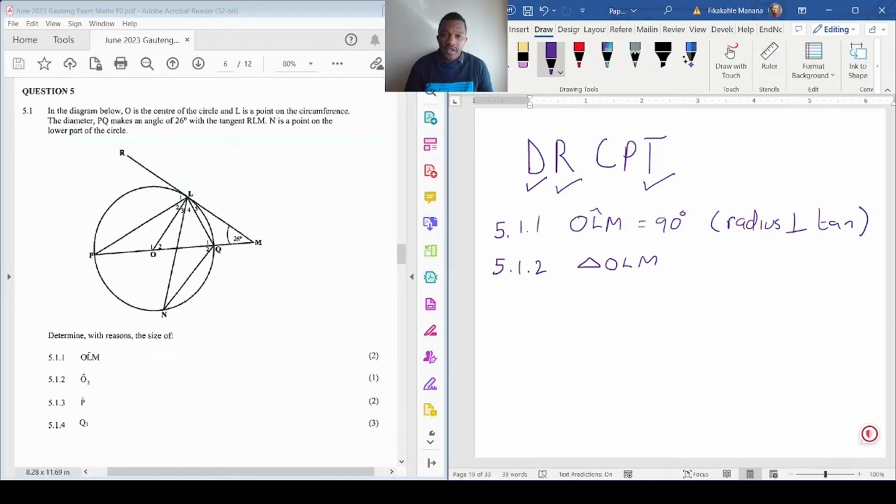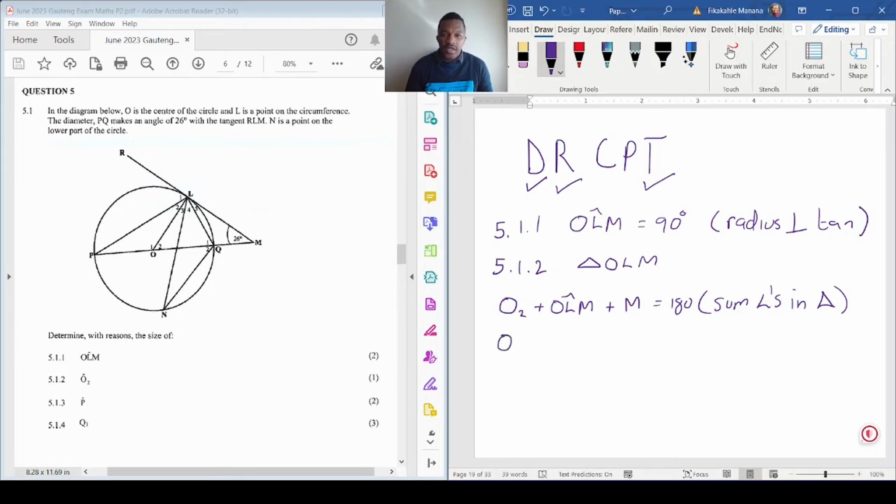So if I say O2 plus angle OLM that I just solved plus the angle of M, that is going to give me 180. And the reason is, you guessed it, sum of angles in a triangle.